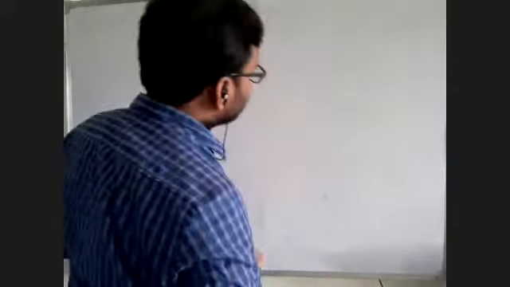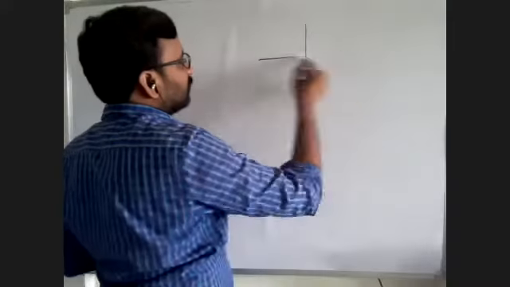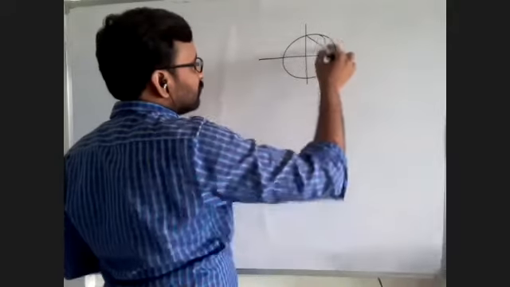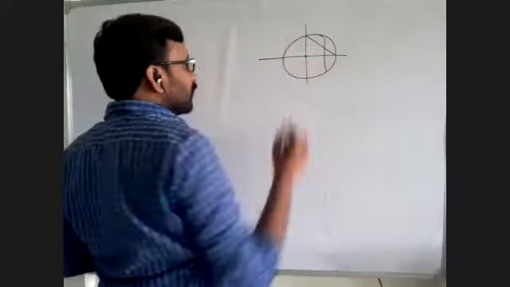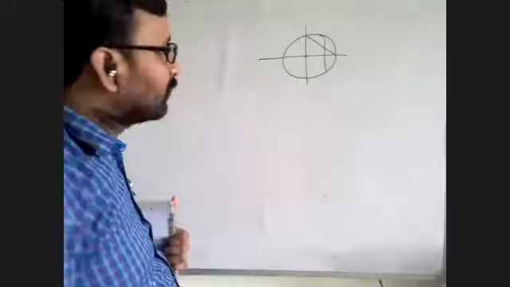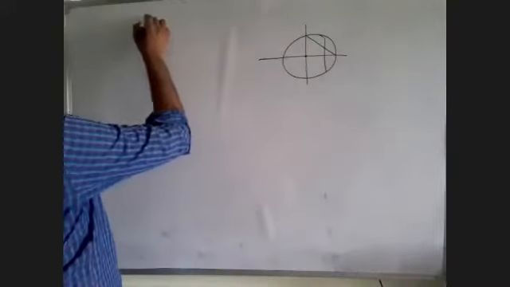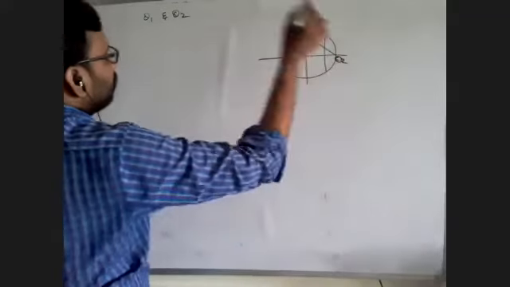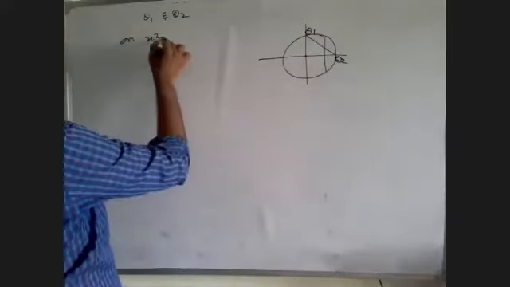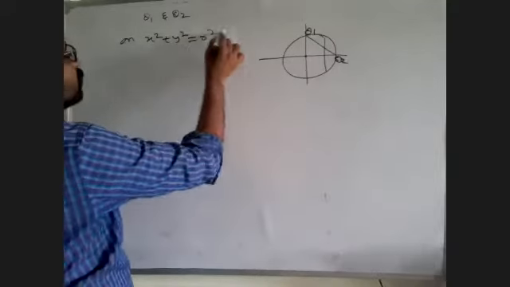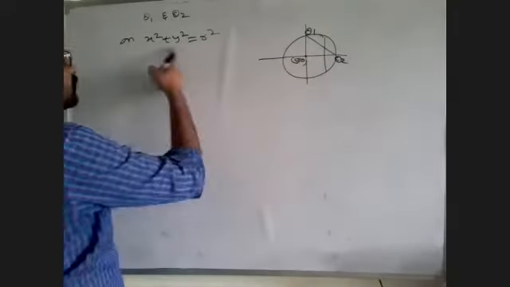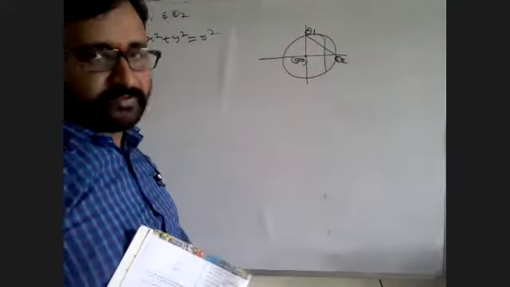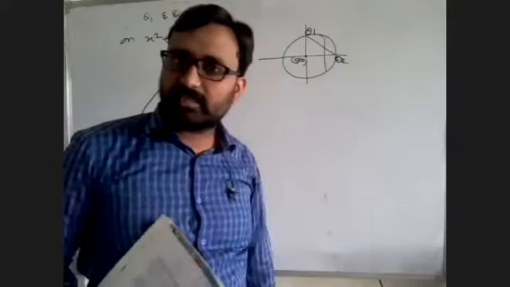So it is asking for the equation of a chord like this or this, whatever it is. Equation of a chord joining the points theta 1 and theta 2 on the circle x square plus y square is equal to r square. That's why I took this circle, center 0, 0. So the equation of this chord with the points theta 1, theta 2.